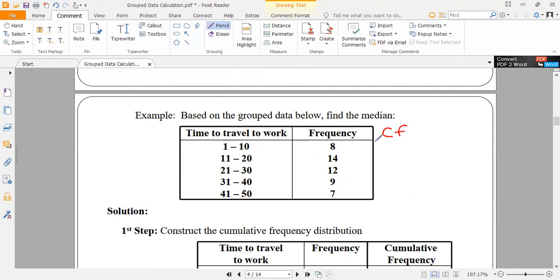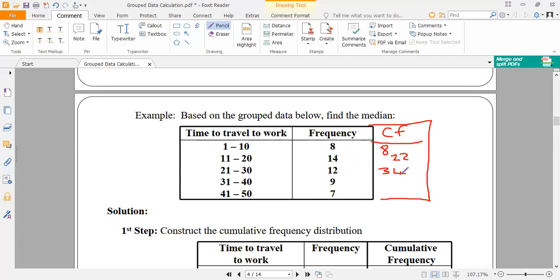So cumulative frequency is an add-on column. So we start with the 8 here, add on. When we add 8 to 14, what are we getting? 22. We add the 22 to 12, what are we getting? 34.